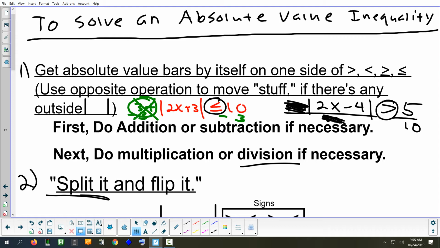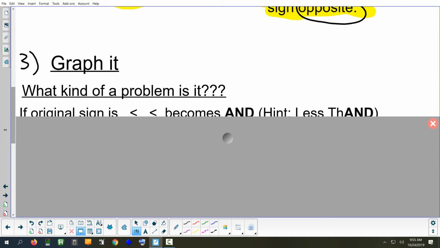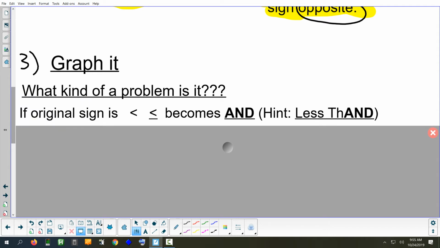So we're going to have to go back and look at the original. If the original problem had a less than, we have to choose between the words and or today. We didn't have to choose yesterday because it was just given to you. Today, you have to write the correct word, either and or.